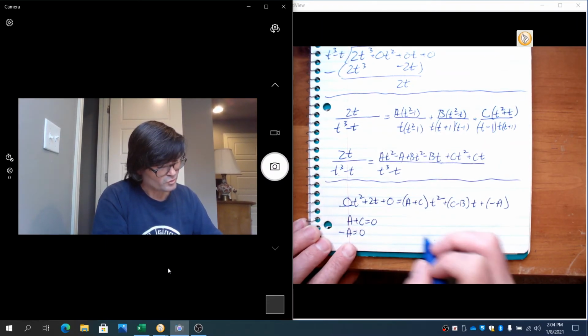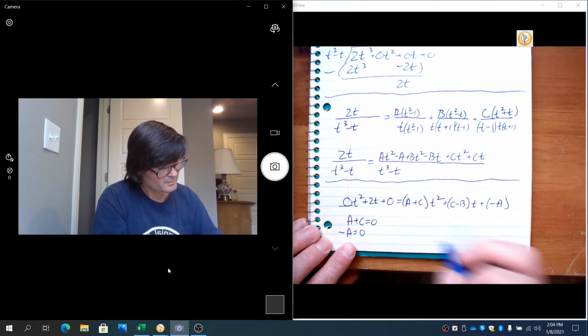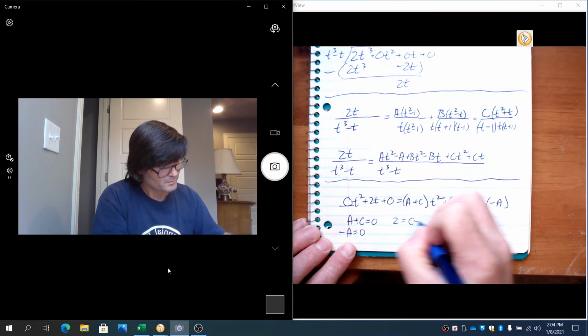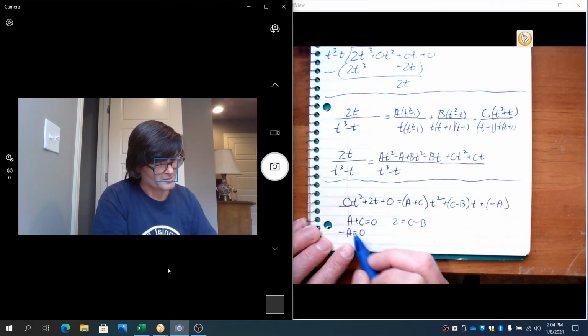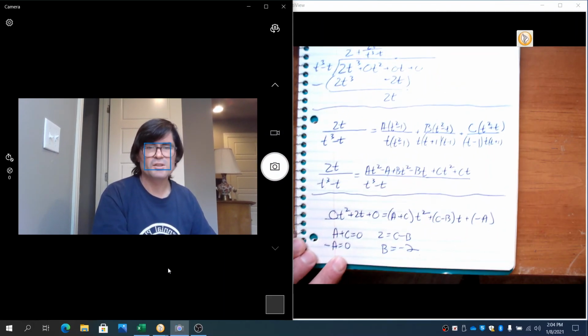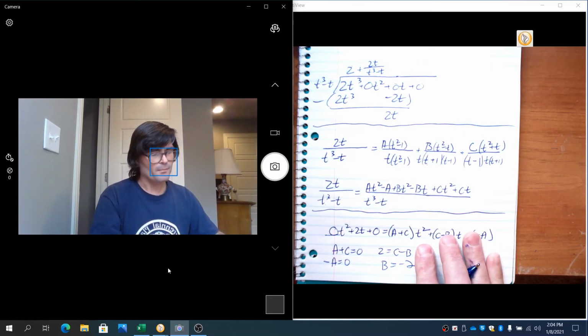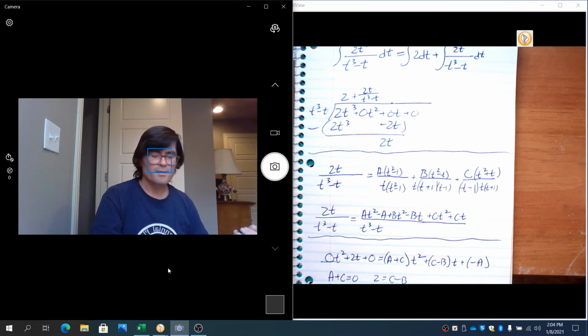And then 2 equals C minus B. And if C is 0, it looks like A and C are 0, so B has to be negative 2. So what this tells me is that you really only need the middle term, negative 2.